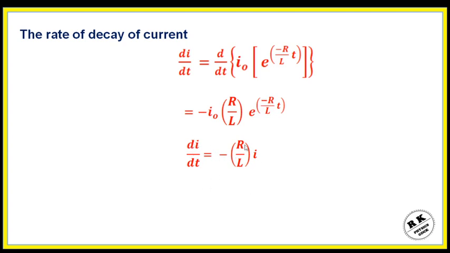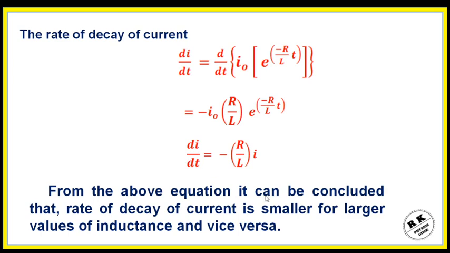From this, what do we observe? The rate of decay is inversely proportional to the inductance value. Greater is the inductance, smaller will be the decay. Smaller is the inductance value, greater will be the decay.